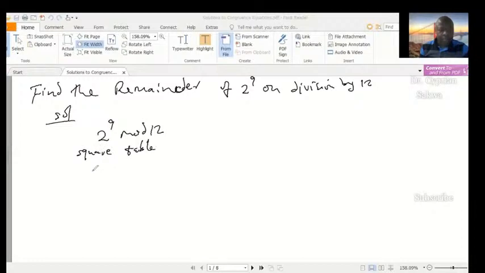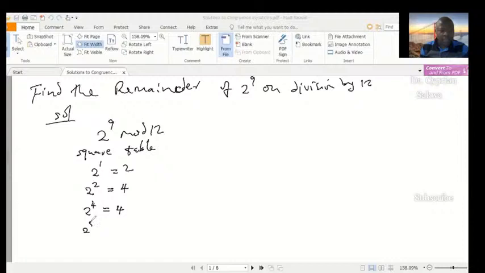I'll just say 2 raised to 1. What is 2 raised to 1? It will be 2. What about 2 raised to 2? It will be 2 times 2, which is 4. Remember, it's mod 12. What about 2 raised to 4? When I square this, it will be 16, and the remainder, therefore, is 4. What about when I square this? 2 raised to 8.